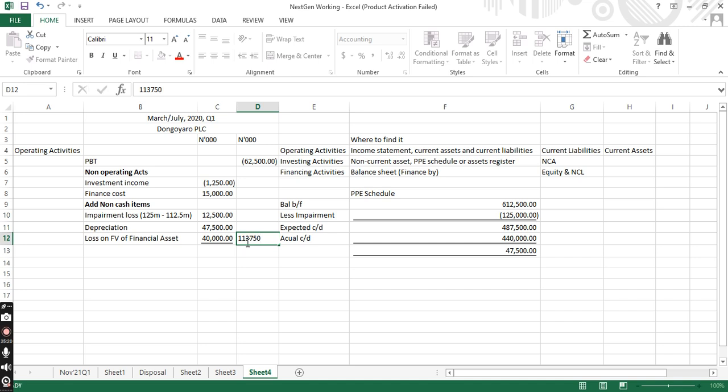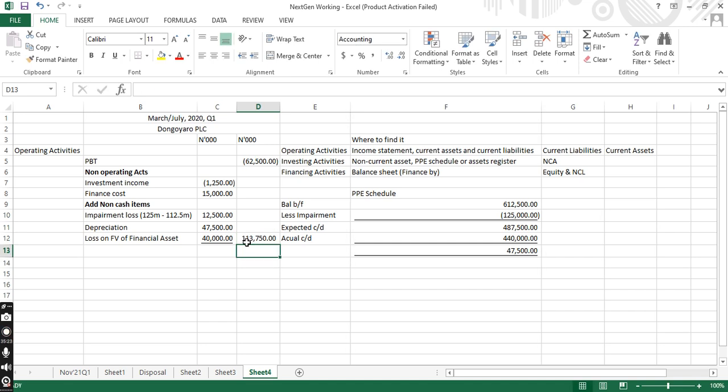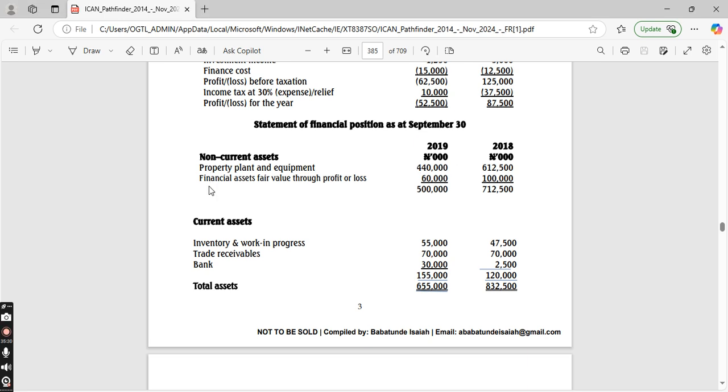How did you come about this last 40,000? This fair value is not an actual cash movement, but we are saying that the value of our investment has reduced by 40,000. So we have reduced our non-current asset by 40,000, and this is fair value through profit and loss.